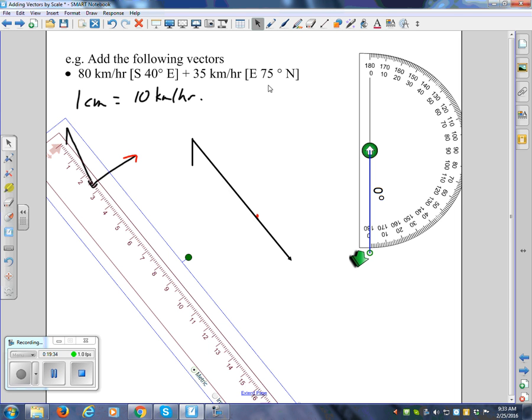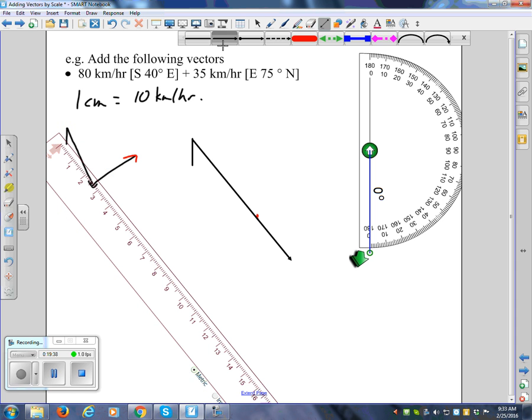Then again, a reference line. East 75 north. You need a line that goes straight east. It only needs to be about a centimeter long, just long enough so that I know what you're saying is east. Then I'm going 75 to the north.